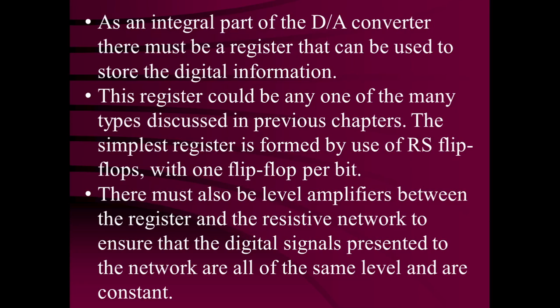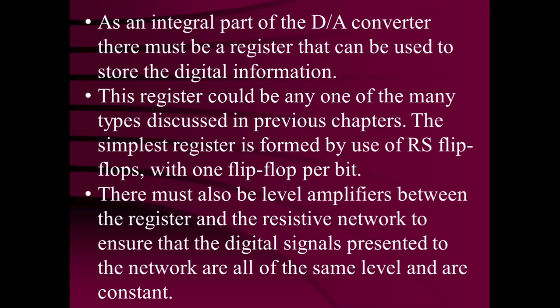So the outputs of all the flip-flops which are going to be high need not be the same voltage level. So the same voltage level has to be presented to the D to A converter, that means the input of the resistive network. When it is high, it should be a constant voltage, whether it is VCC, or it should be ground, 0 volt, when it is low.